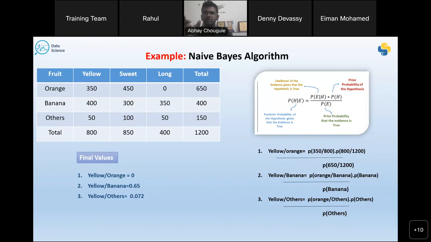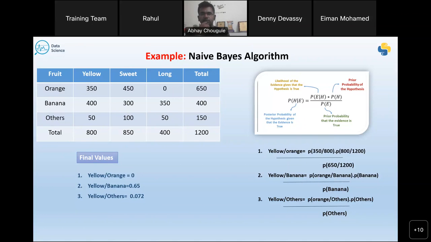So you have to make a summation and the highest count will win here. So banana will win. So what's the independent and dependent in this? Dependent obviously is orange, banana, and others. And independent is yellow, sweet, and long only.